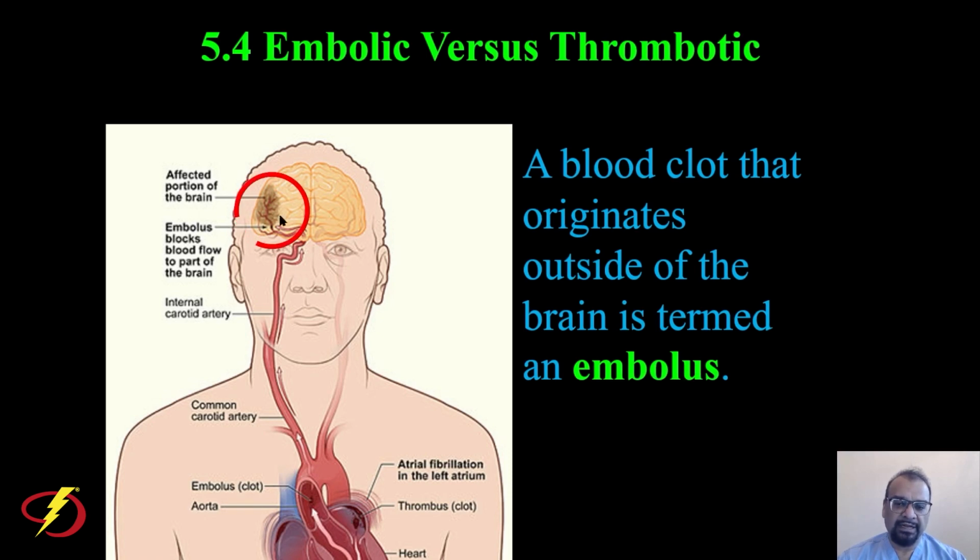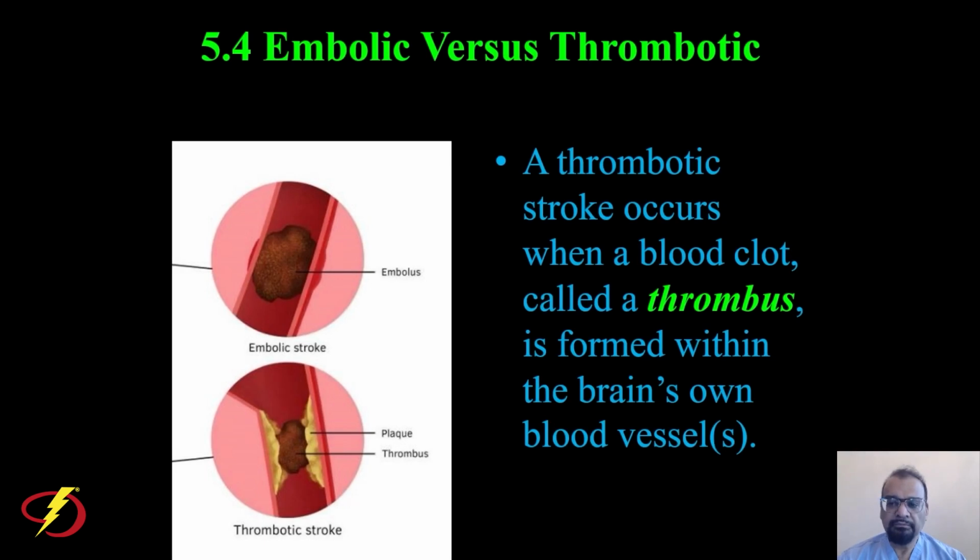This embolic clot gets stuck in these smaller blood vessels in the brain. This is a clot that originated in the heart and travels up into the brain. So this is an embolic clot or an embolus or a cardioembolic event, however you want to term it.